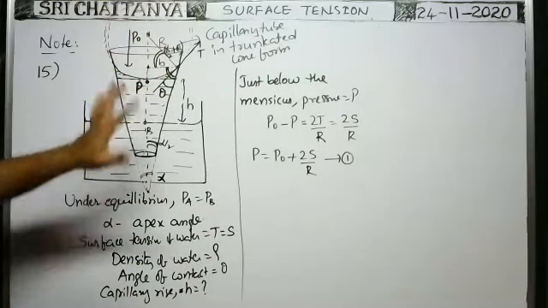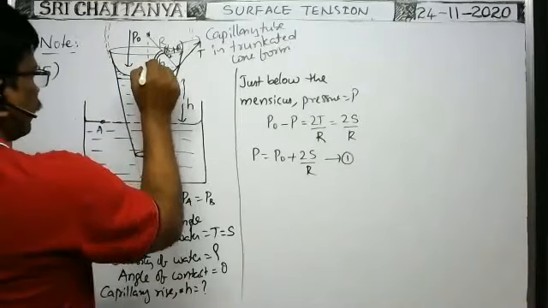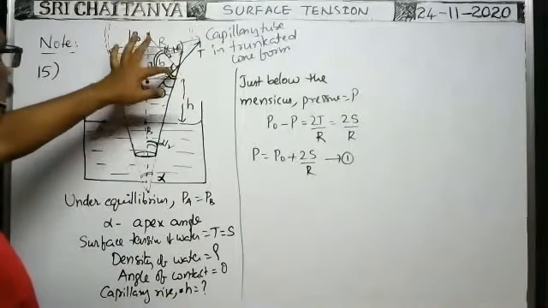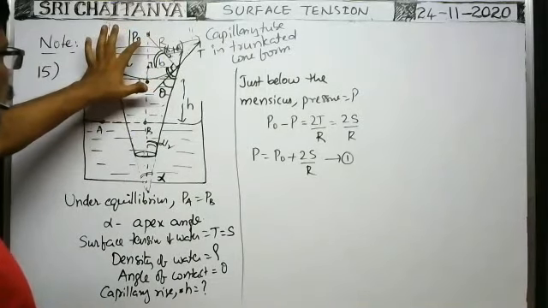So from this right angle triangle, where these two are perpendicular, B is given.